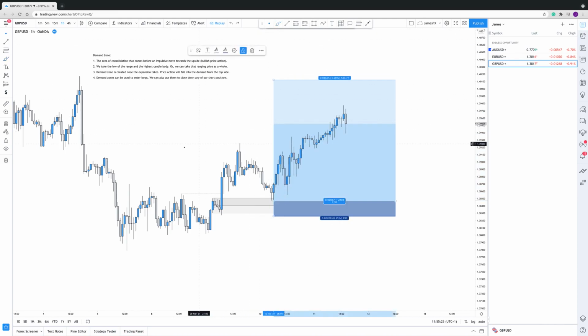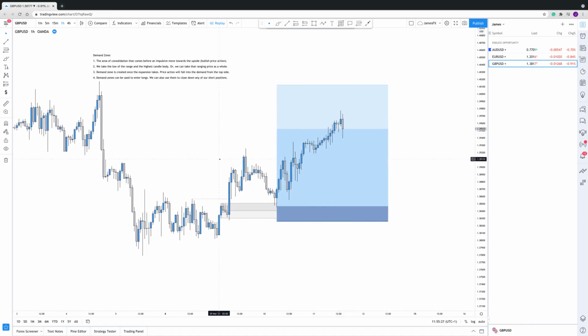So how could we go about entering this trade? Well, we can set our entry as a limit order, and the limit order is valid as soon as we break here. So as soon as we see this expansion of price that comes after the consolidation range bound market, we can set our limit order at the top of the consolidation / order block range in market.